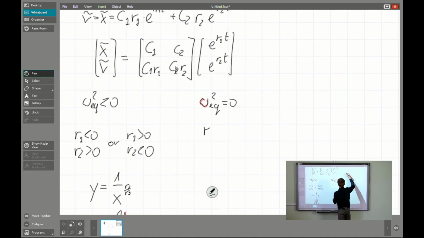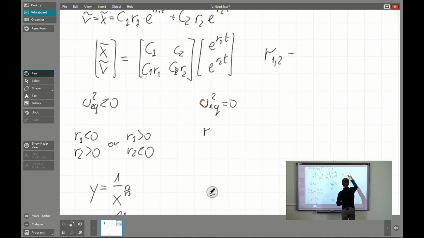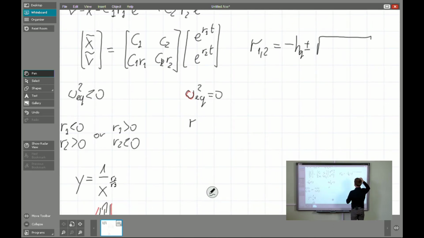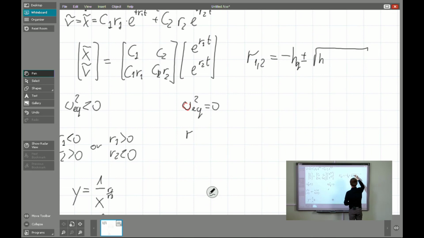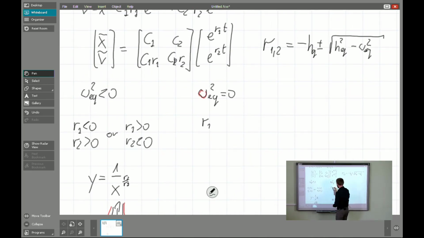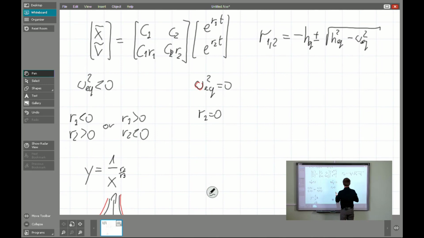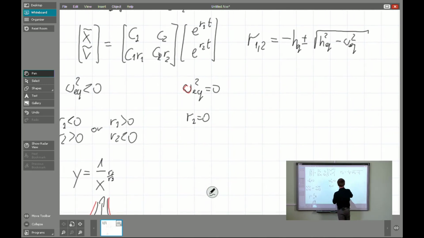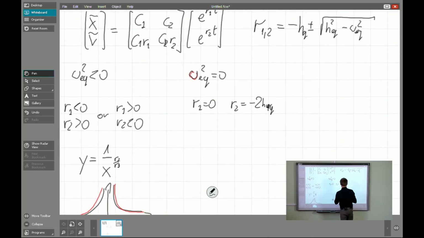I will write down the values of the roots of the characteristic polynomial, with the square root of h equivalent squared minus omega equivalent squared. In that case the first root will be R1 equals 0 and the second root will be R2 equals minus 2 equivalent h.